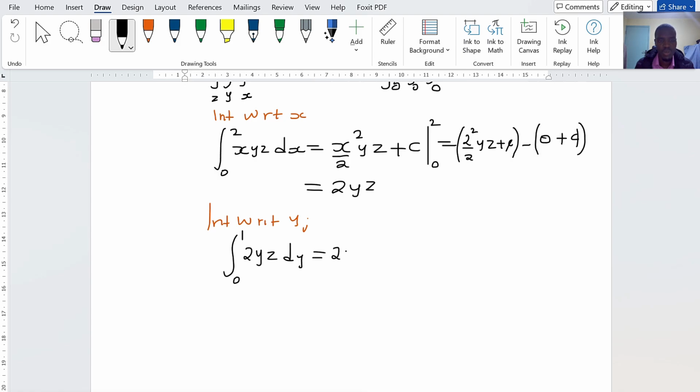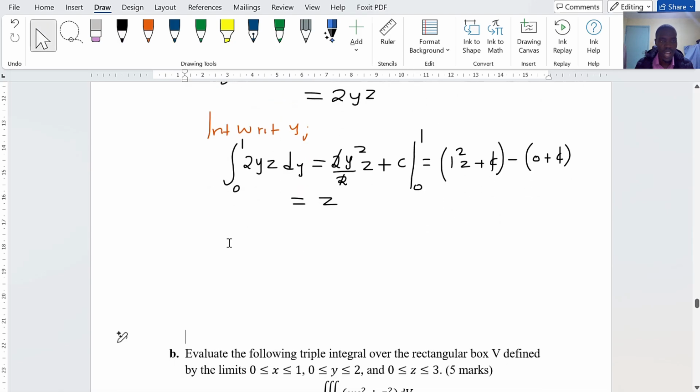So we have 2y squared over 2, then z, then plus c, then substituting 0 to 1. Now substitute the higher bound because this 2 will cancel this. So we have 1 squared z plus c, then minus the lower bound 0 plus c. Substituting 0, c cancels, and the answer here becomes z.